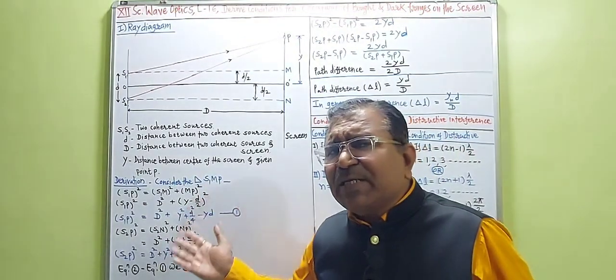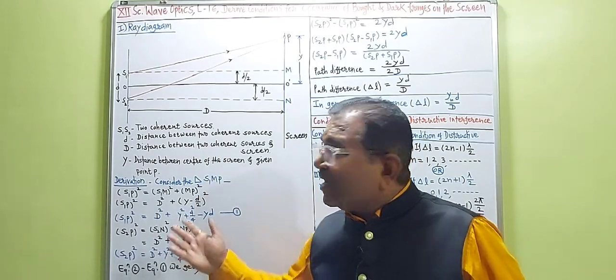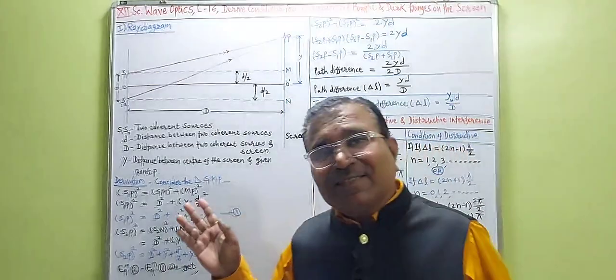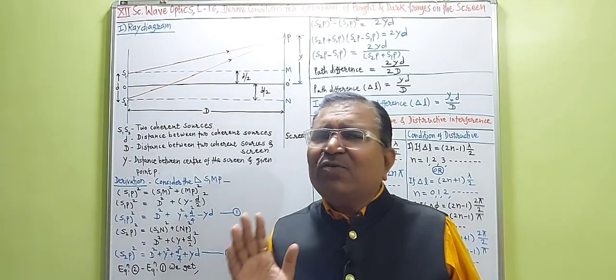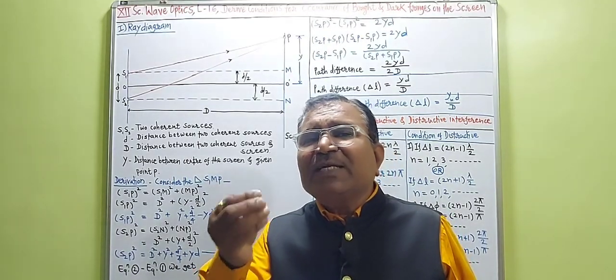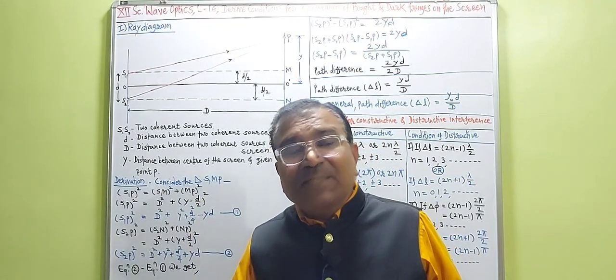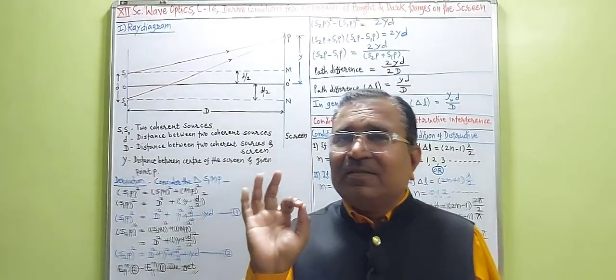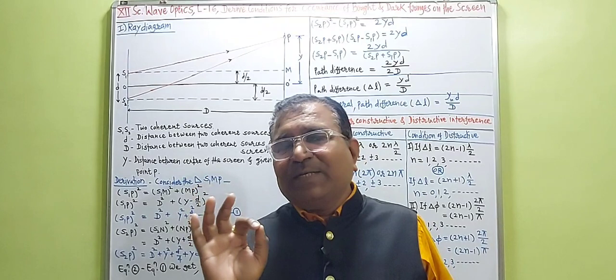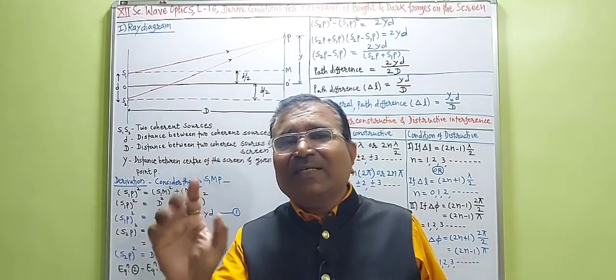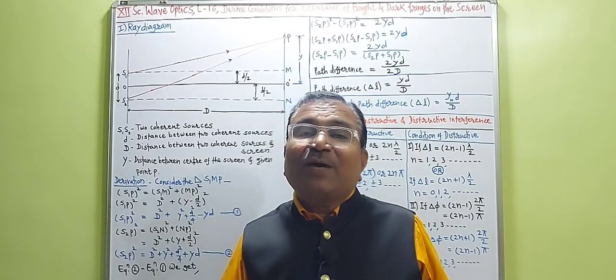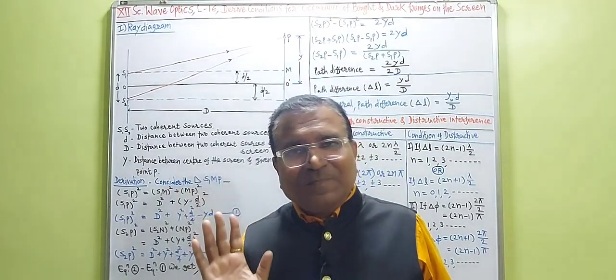So what explanation do we write? I have not written the explanation here. Write down the explanation in the simplest sentences. Small a, explanation. How can we write the explanation? Consider two coherent sources S1 and S2 separated by a distance small d.